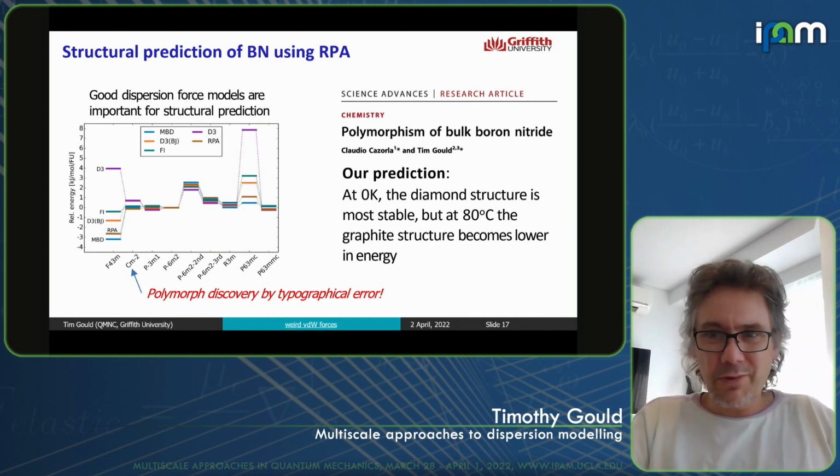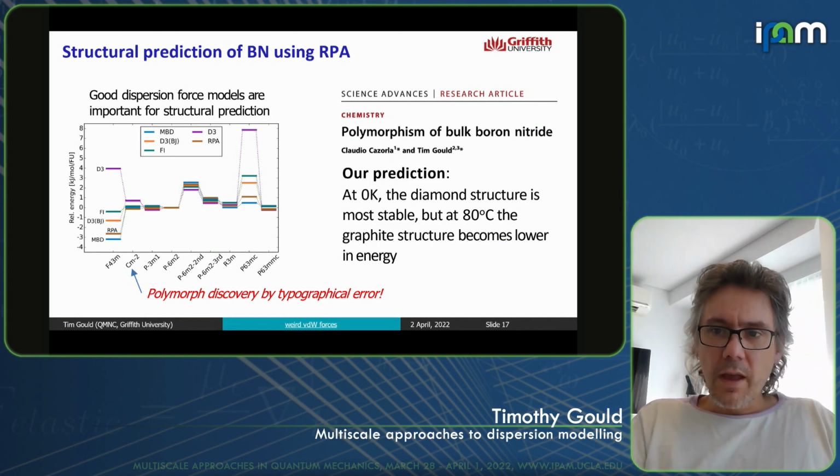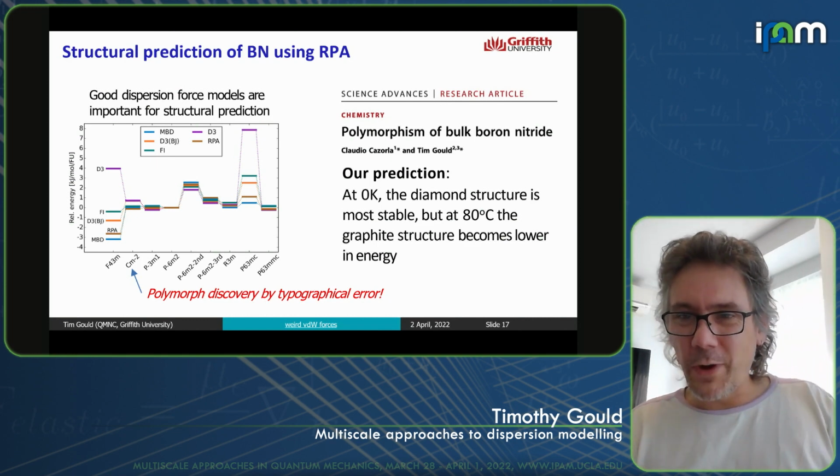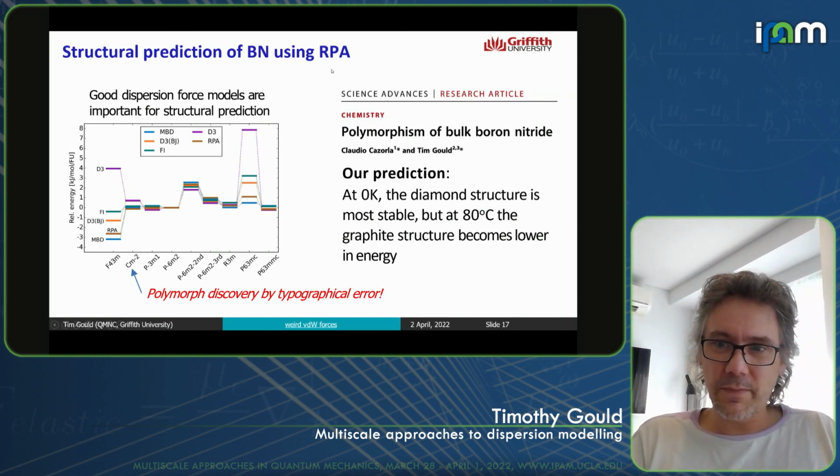Boron nitride is pretty much a straight analog of carbon. It has a diamond structure, and it has a layered structure. For carbon this is well known, and I've actually forgotten the answer, which one is lower. But whether at 0K the diamond structure or the layered structure was more stable.